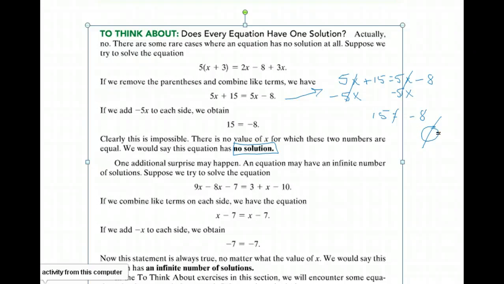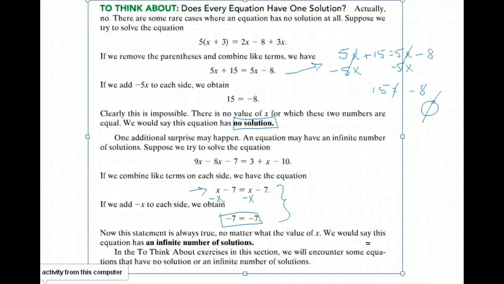Another situation that you may come across is one such as this, where you have an equation that has x minus 7 equals x minus 7. You might try to subtract your x's from both sides, and then we get a true mathematical equation that says negative 7 equals negative 7.